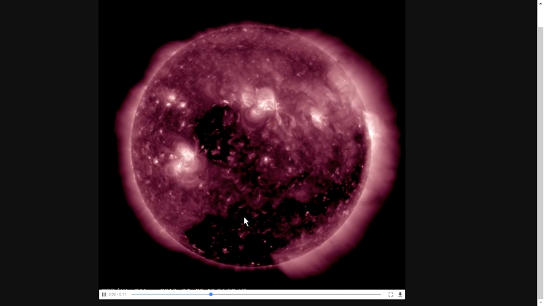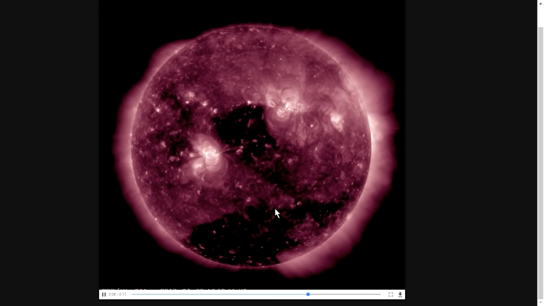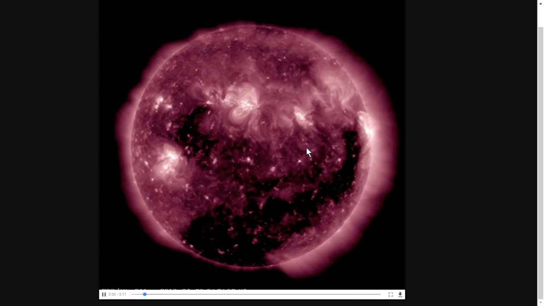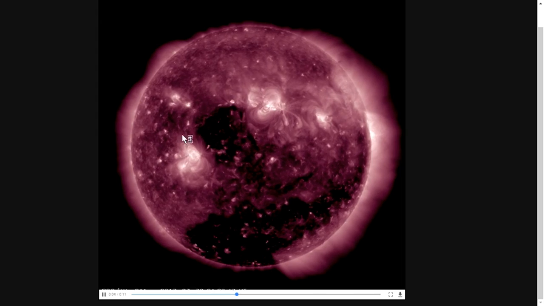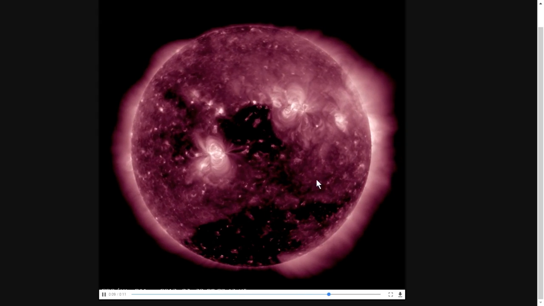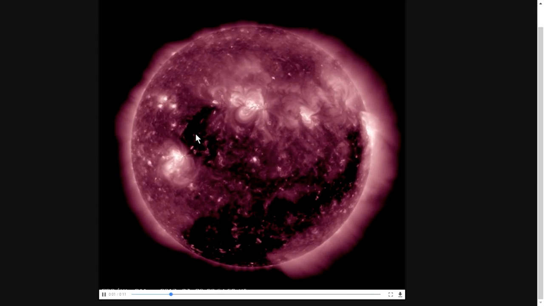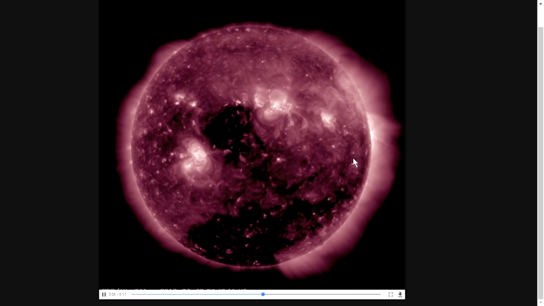This is the large coronal hole that you see here that just passed our planet. Now, once again, coming from the back side of the sun as we see it, another coronal hole opening up. You can see a weakened area in the corona right here. This is probably going to connect with what you're looking at down here.